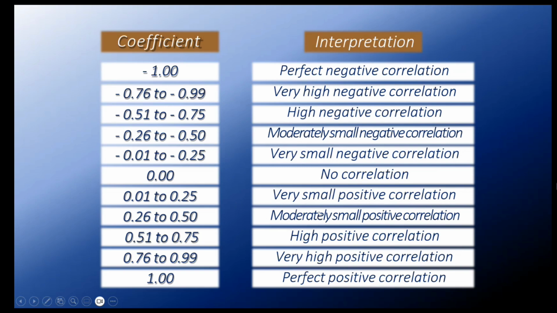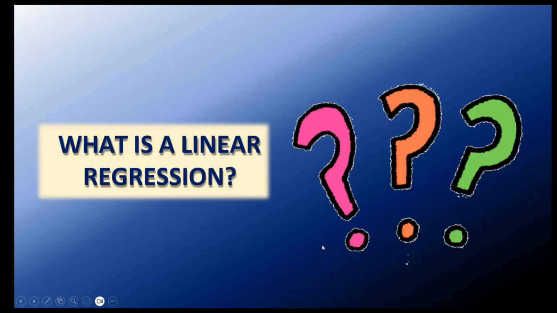So we do have the very small, moderately small, positive, the high, very high, and then perfect positive correlation, which is 1.00. So class, later, I'll be showing an example of the correlation. But before that, let us have the next.